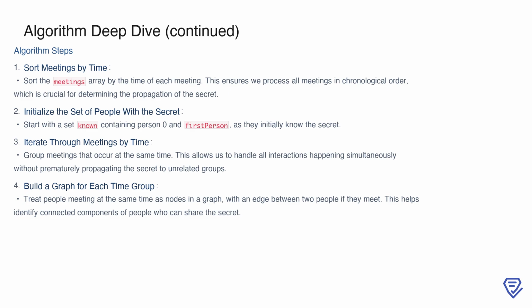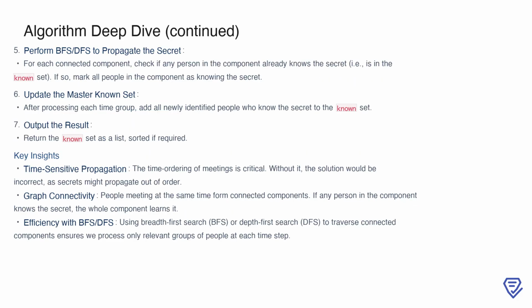This graph helps us identify connected components, which are groups of people who can potentially share the secret during that time step. Once the graph for a time group is built, we use a traversal method such as breadth-first search, BFS, or depth-first search, DFS, to propagate the secret. The key idea is to examine each connected component in the graph.